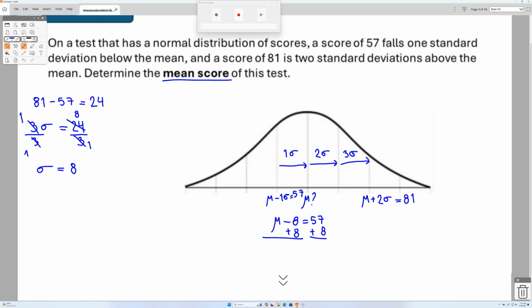The mean minus 8 is 57, then 57 plus 8 equals 65. The mean is 65. The average score of the test is 65 points.